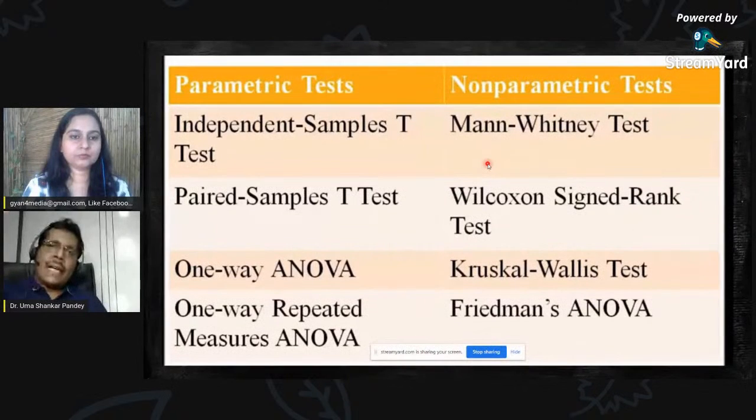So we give them ranks, and their signed means they are either positive or negative, and it's basically related to the observed frequency and the expected frequency, something like that. The one-way ANOVA, the analogous test is the Kruskal-Wallis test. The one-way repeated measures ANOVA, it's the Friedman's ANOVA. So these are very important non-parametric tests to remember.